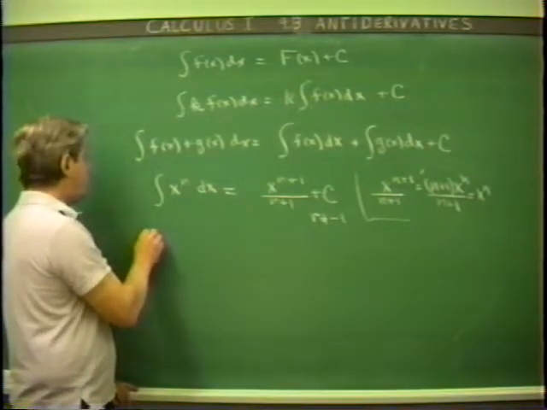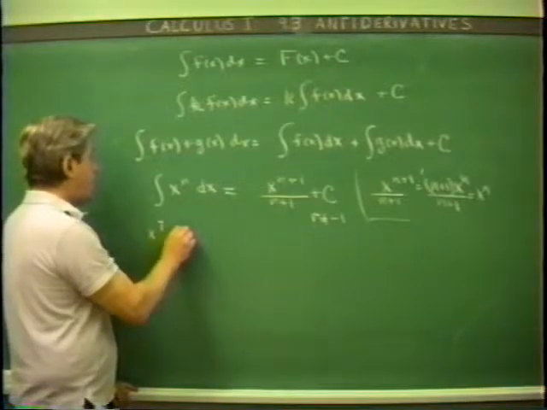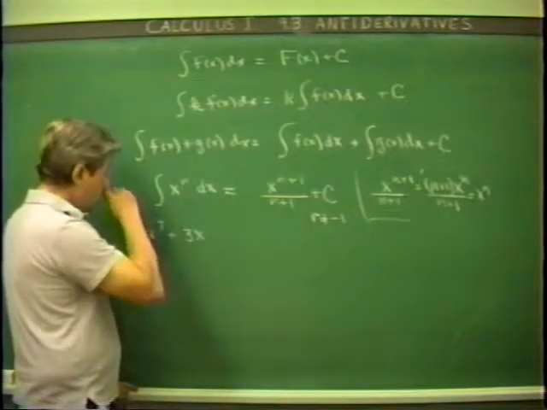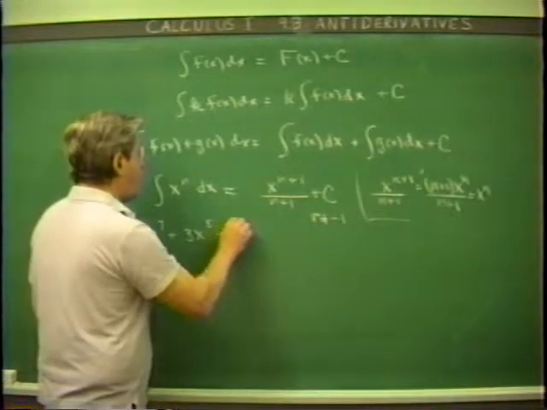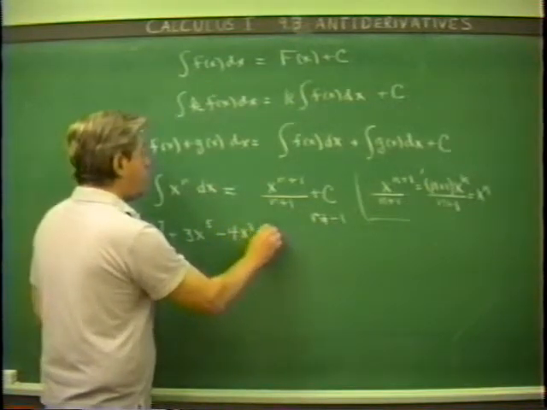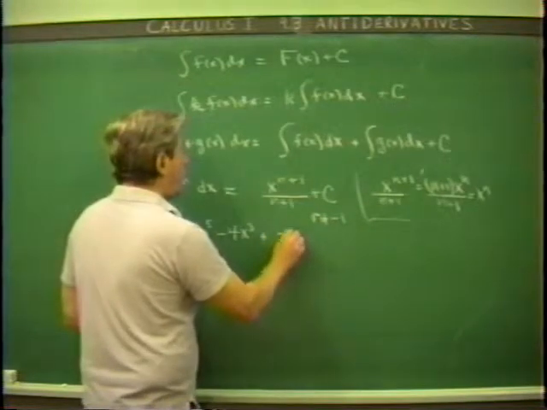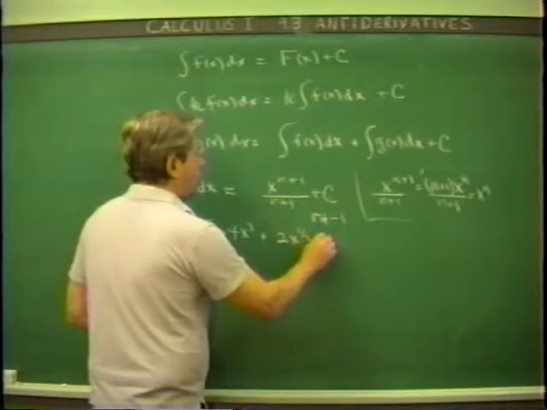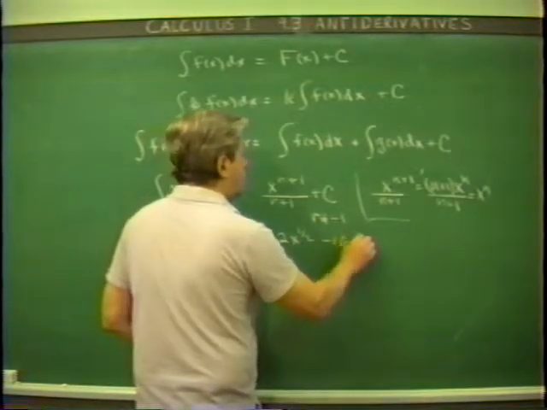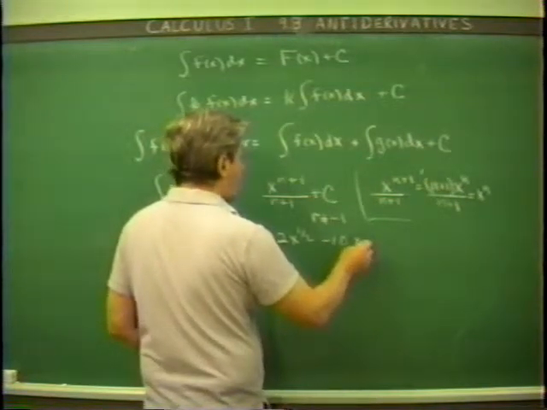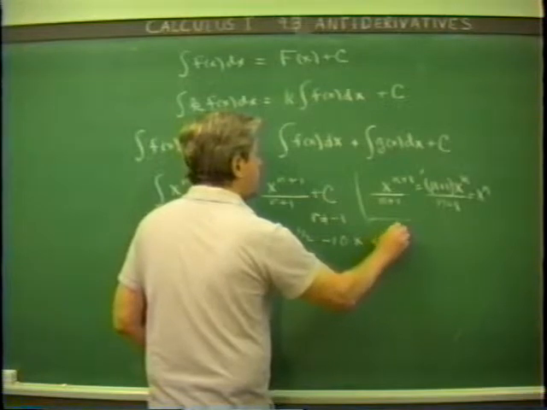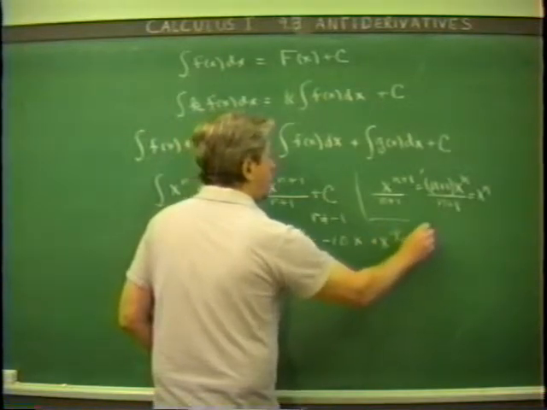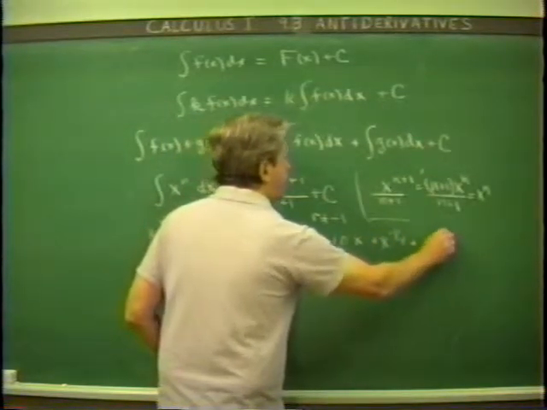and sums of those. So that, for example, x to the 7th plus 3x to the 5th minus 4x cubed plus 2x to the 1/2 minus 10x plus x to the minus 1/4 plus 11.